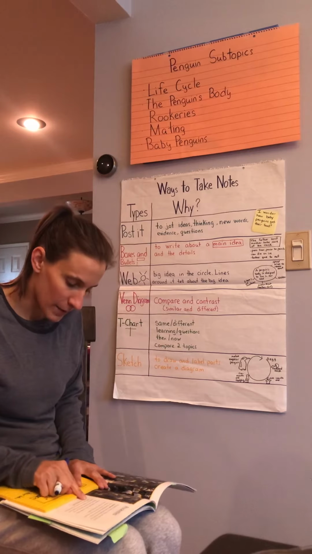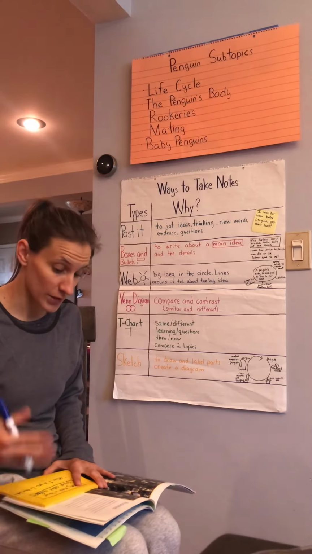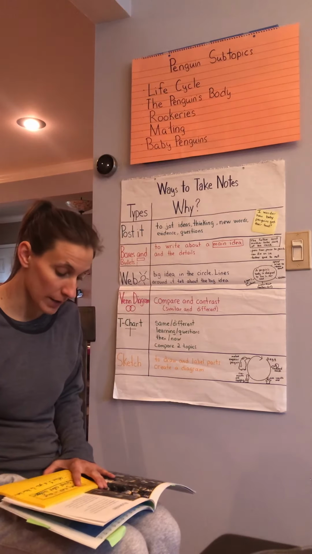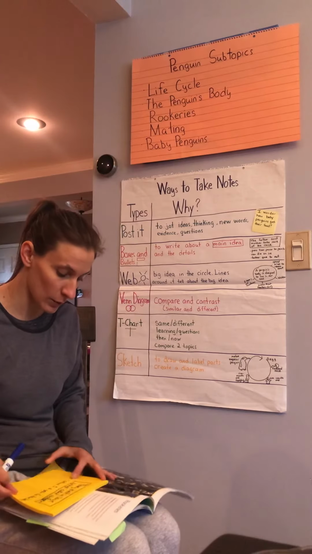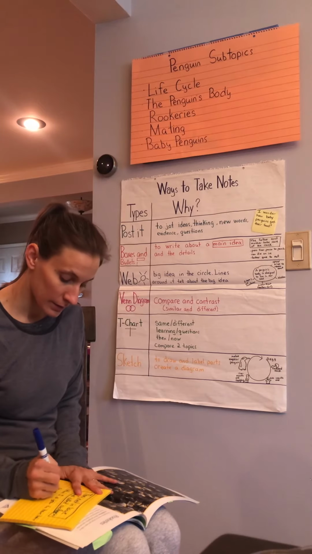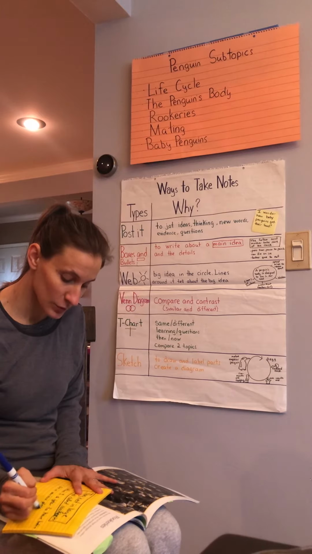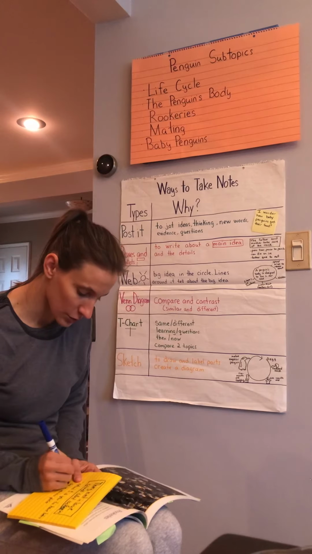I'm actually going to go to the next paragraph where it talked about how rookeries are in a lot of different places, right? They're on the shore, they're inland, they are bare ice, they can be in forest or cave. So I'm going to include that in one of my bullets. Are in various places, and I can actually list those places underneath with little arrows, and I'll show you that in a second.